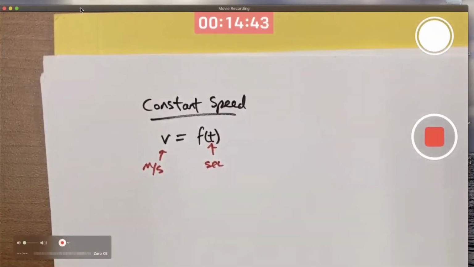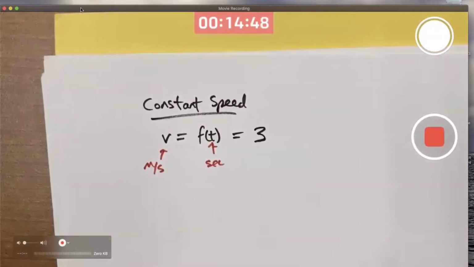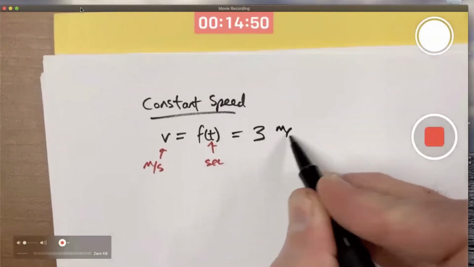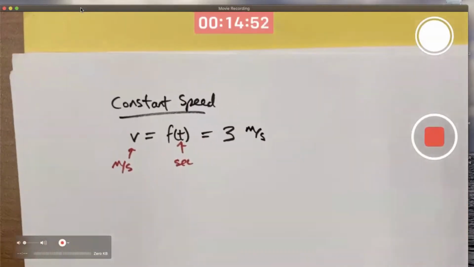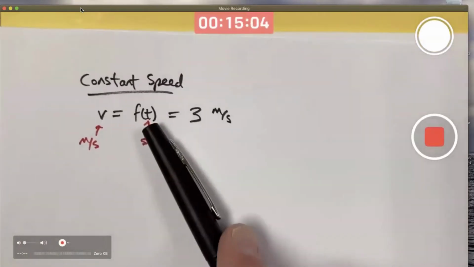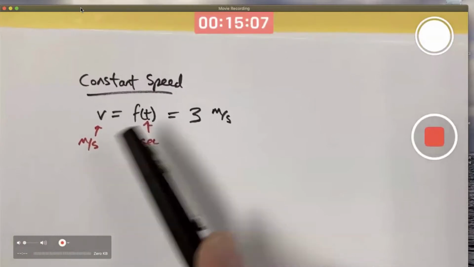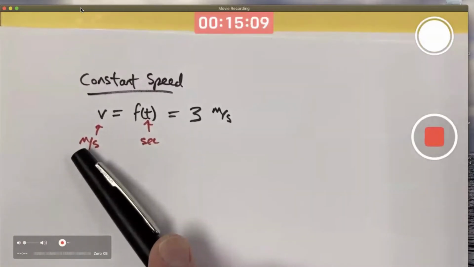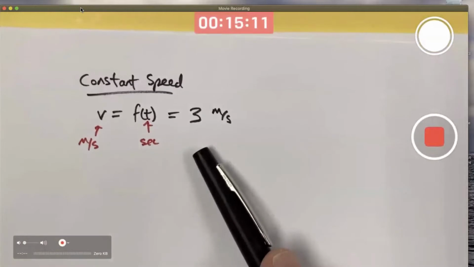And if it's constant speed, this function is a constant, say 3 meters per second. That's not really saying it's the number 3. It's saying its output always equals the number 3. It's still a function. For a given input t, I get an output v, but that output is always the same. It's always 3, no matter what t is.